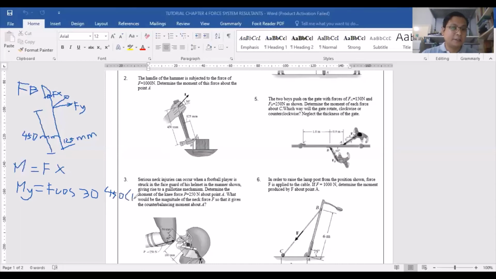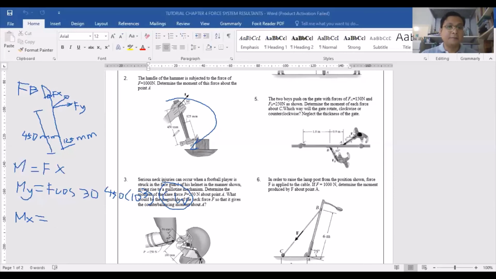Millimeter converts into 10 to the power negative 3, so you get meters. After that, comment on the direction. If you consider this one CW direction, then moment My is in the CW.